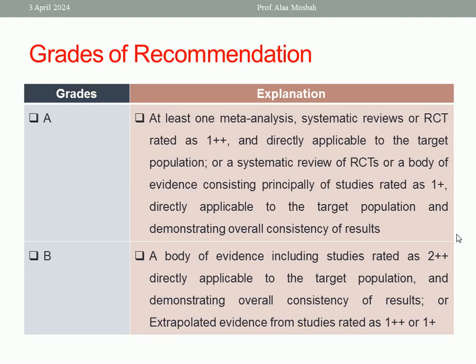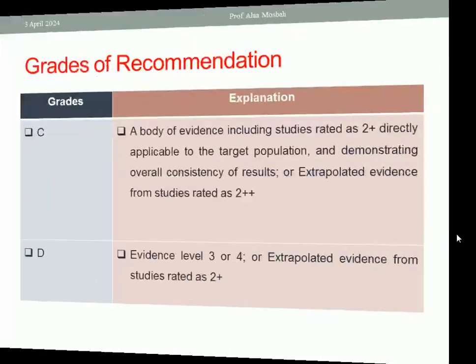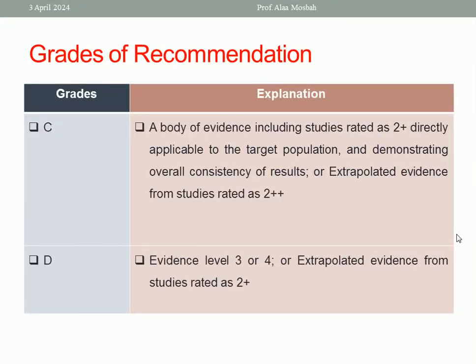So what about grade B? Recommendation B is a body of evidence including studies rated as 2, directly applicable to the target population and demonstrating overall consistency of results, or extrapolated evidence from studies rated as 1 or 1 plus. So what about grade C recommendation?